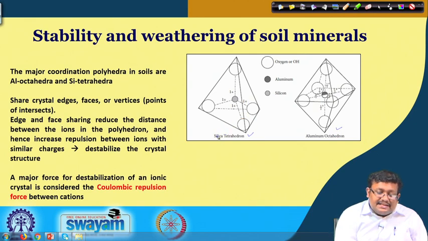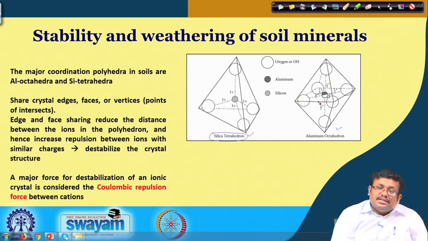Now, this is called silica tetrahedron. In the silica tetrahedra you can see at the center there is a silica cation, which is surrounded by 4 equidistant oxygen atoms. So, here the coordination number of silica is 4, whereas this is aluminum octahedron, where an aluminum ion is surrounded by 6 hydroxyl anions.